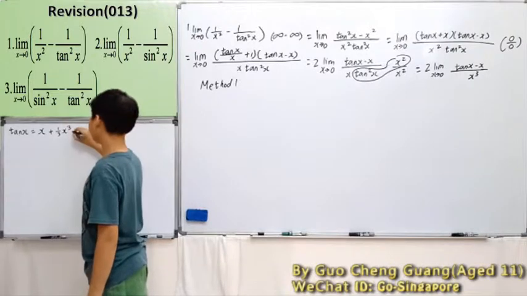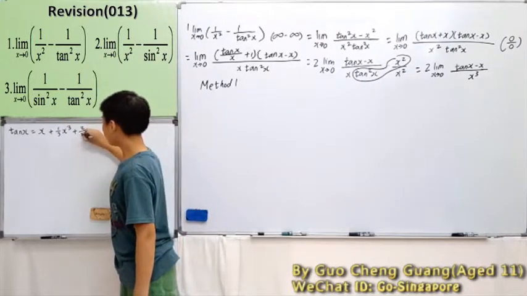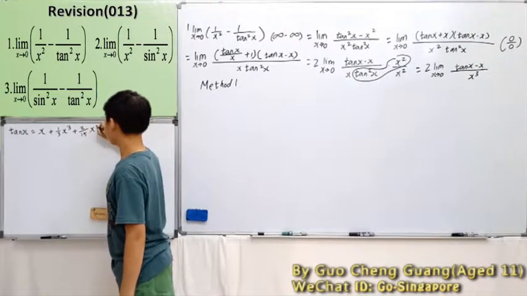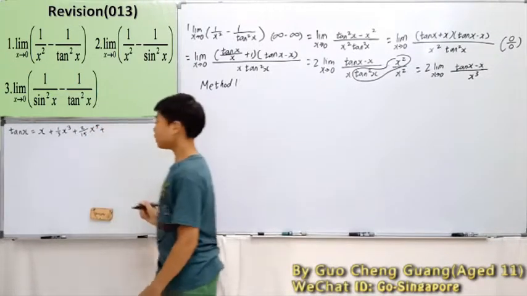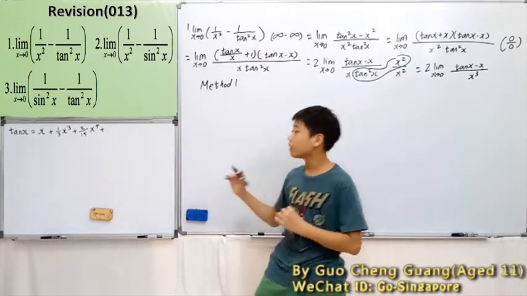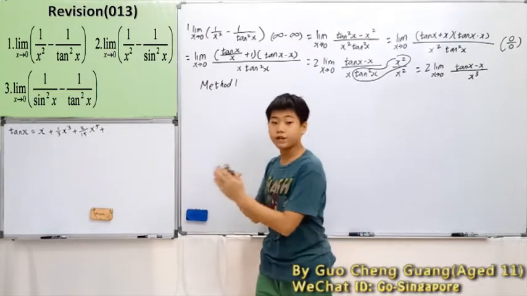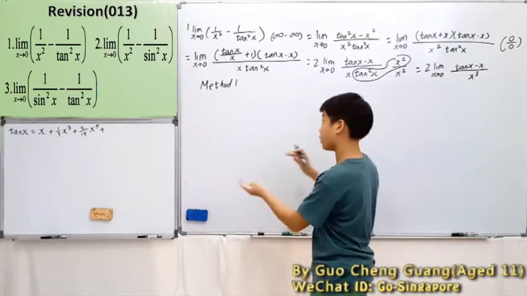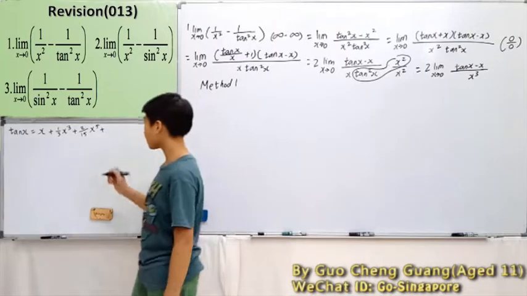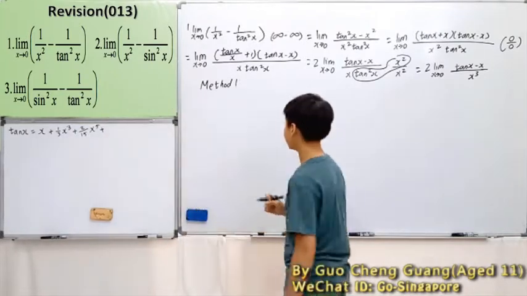It doesn't matter. Then plus 2 over 15 x to the power of 5. And you have to know this: the Maclaurin series has infinite terms. That means it keeps going on. So this is the Maclaurin series for tangent.